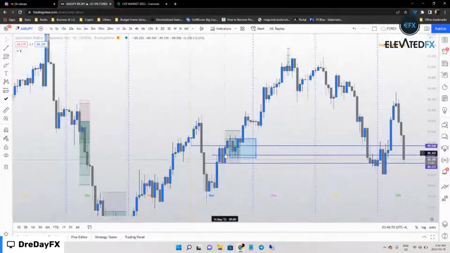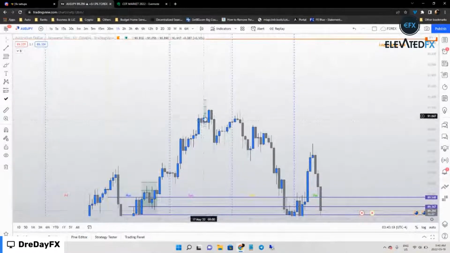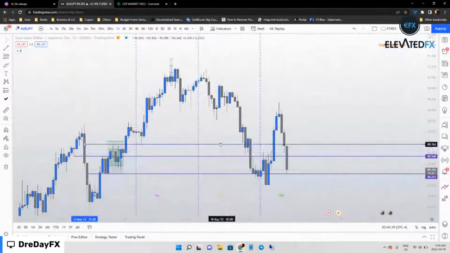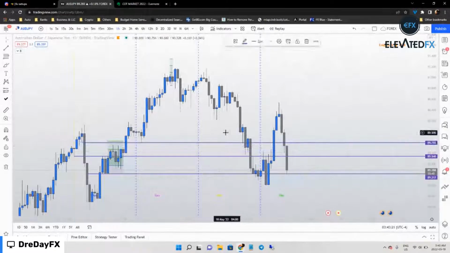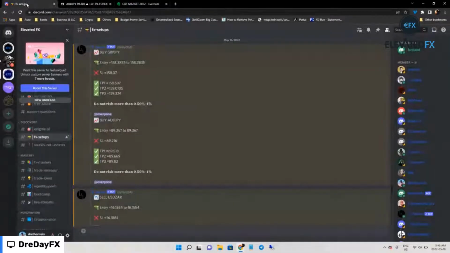So this first setup here, with TP1, it was ranging here and then smashed TP3. Okay, so that's a winner. You have this one, smashed TP1, almost TP2, but that's still a winner. And if we look overall in the market, AUD JPY was moving really good.